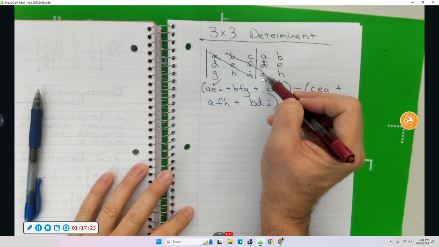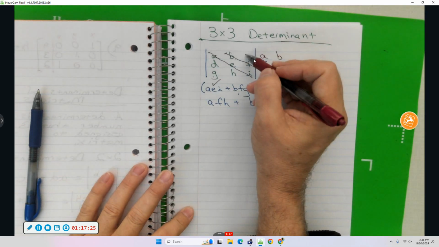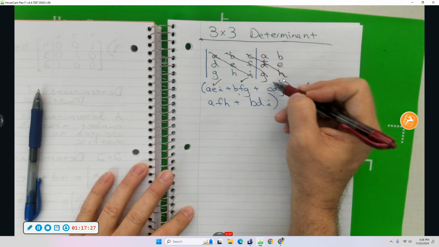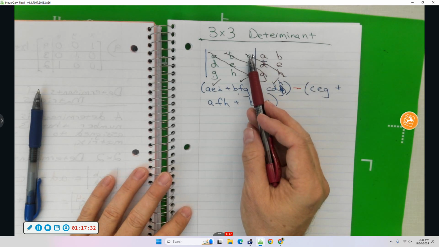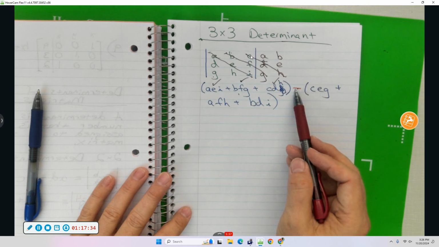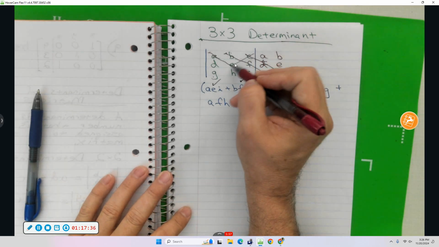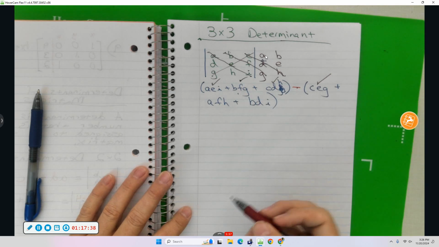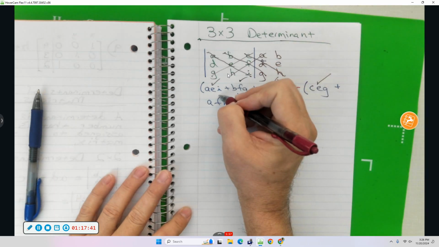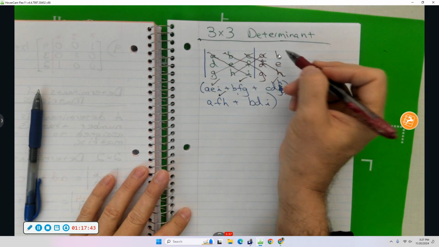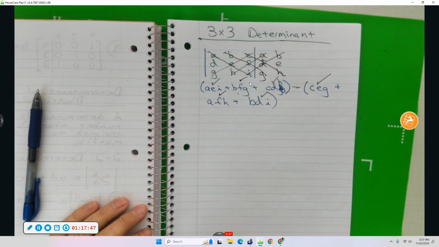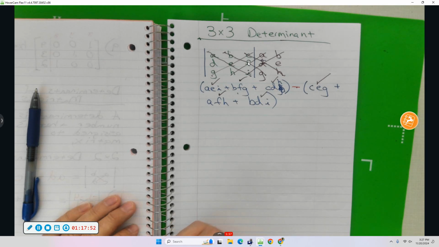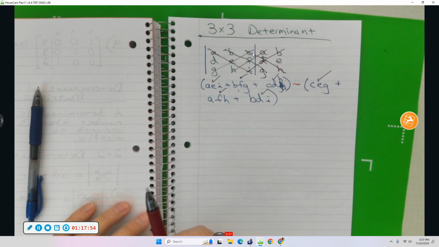B times F times G, C times D times H, and now we're going to go in the opposite direction. We're still positioned at that C. Okay, so we have a minus. C times E times G, A times F times H, and B times D times I. You have 3 diagonals falling from left to right, minus 3 diagonals falling from right to left.